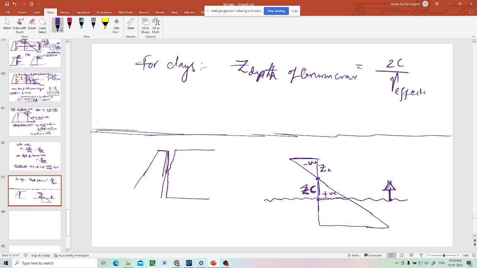Before that, it is still tension. Till here only tension, crack will form. After that, crack will not form, but the net force will be tension because some compressive comes, then another net force will be tension.